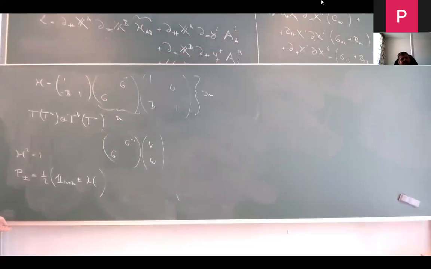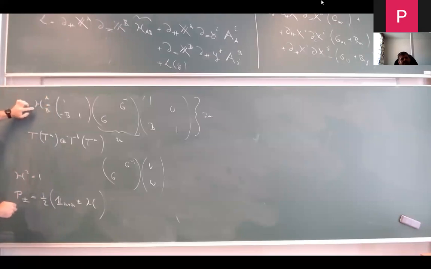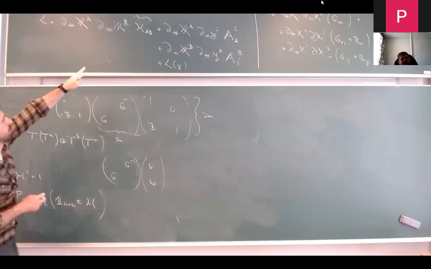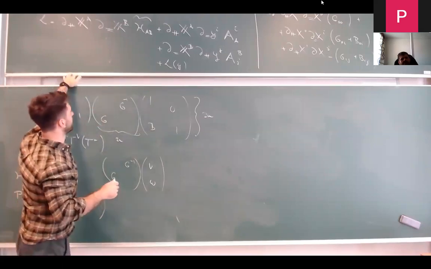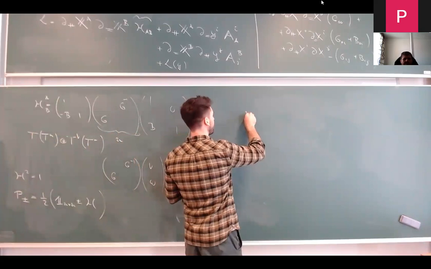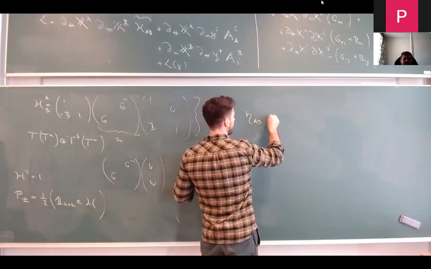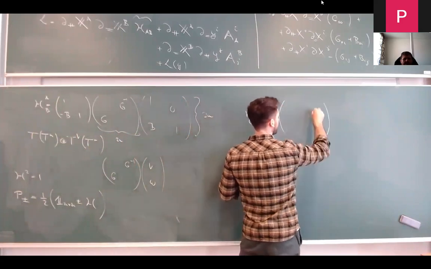Maybe I was a little unclear here. I'm talking about H with one index upstairs and one index downstairs, and here I have H and B with two indices, both of them downstairs. And the way I lower and raise the index is via this metric, A, which is as follows.